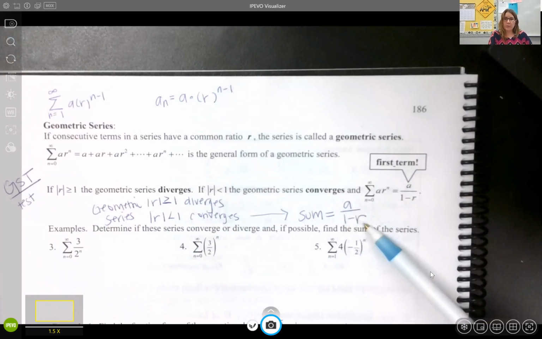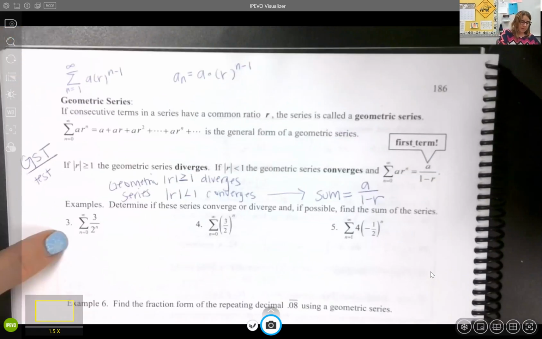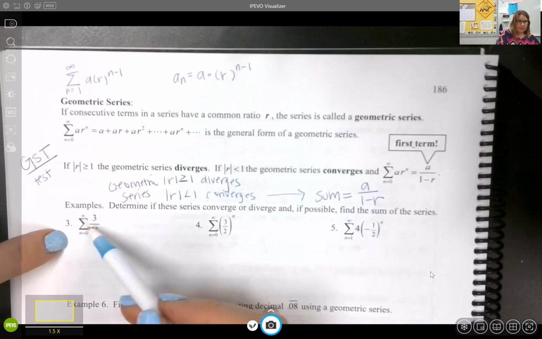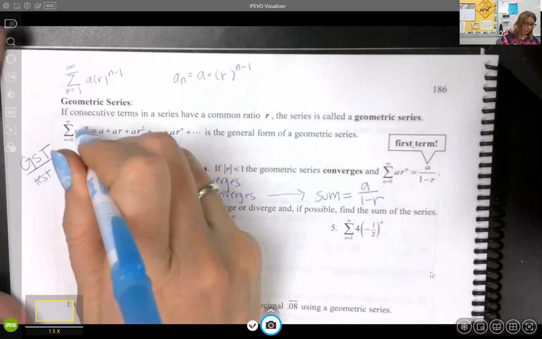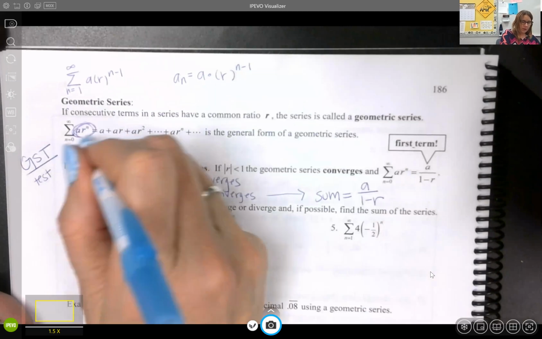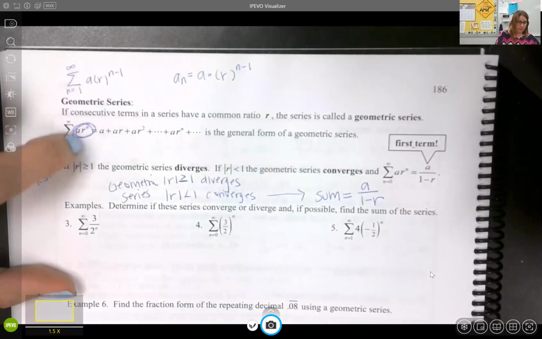And that will tell you what the limit is going to be of a geometric series. Okay? So you can rearrange these formulas. So even though it has a 3 and then 2 to the n, I'm trying to get it into this form. We're always trying to get it into this form or this form, okay, the geometric form.